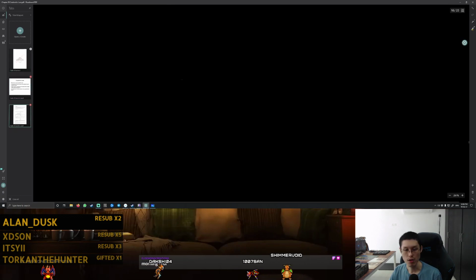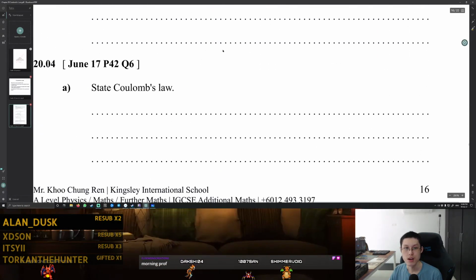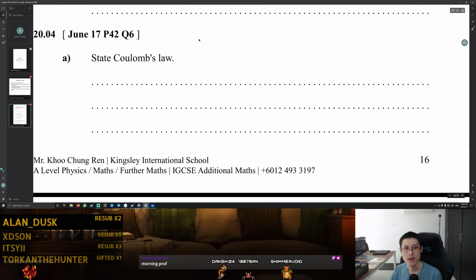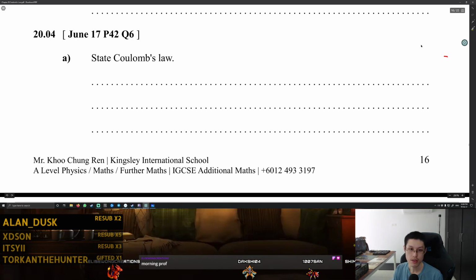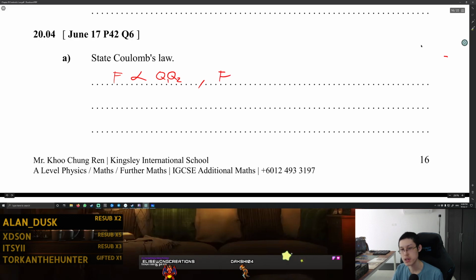Oh, oops, wrong one. All right, next up, state Coulomb's law. So Coulomb's law is saying that the electric force between two point charges is proportional to the product of the charges and inversely proportional to the square of the distance between them. You also have to mention point charges.